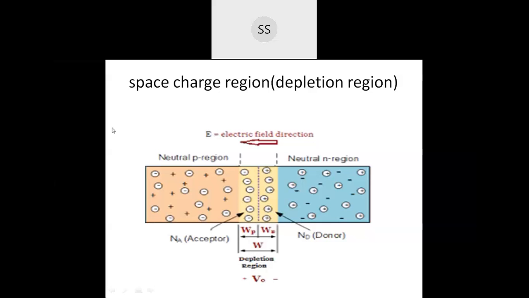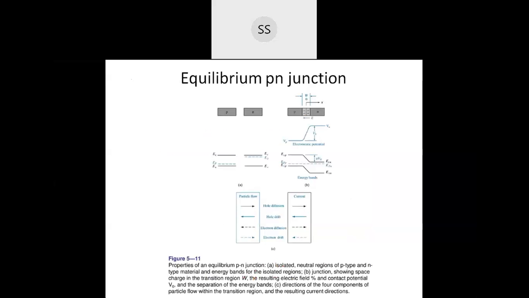And at equilibrium, whatever the potential that is built up inside the junction is called the built-in potential. This is a diagram which shows the equilibrium conditions at the junction. I think in the previous sessions we have discussed all these things. When individually we consider the p-type material and n-type material, these are the bands.